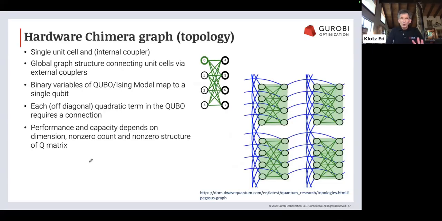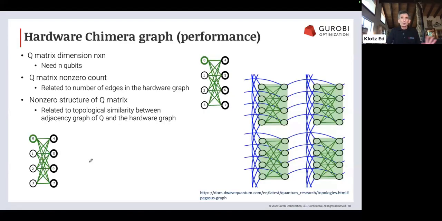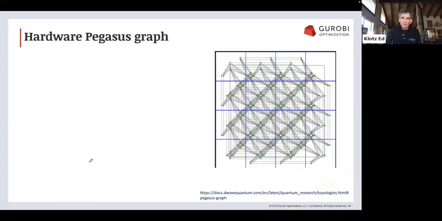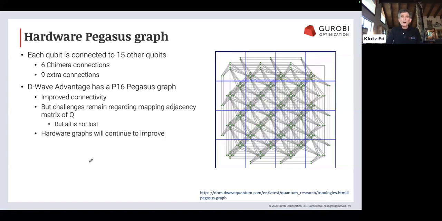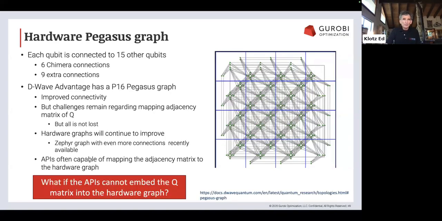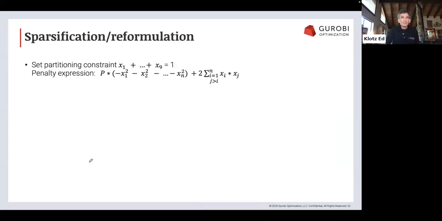But anyways, the point is that there's a fair bit of work, and again, we'll go into it after the hour's over, in terms of how do I embed my Q matrix sparsity structure into these different graph structures, and what do I do if by default I don't have enough connections to handle it.